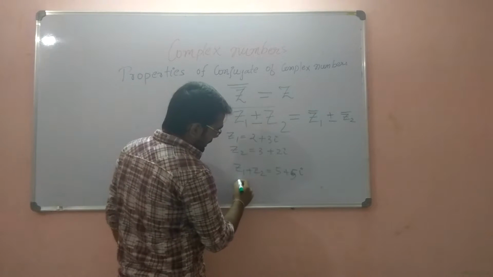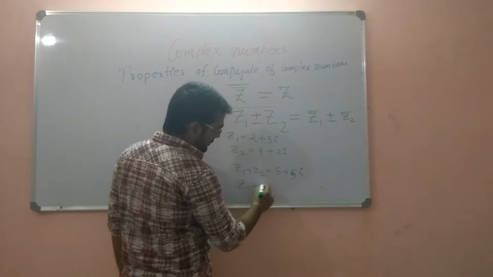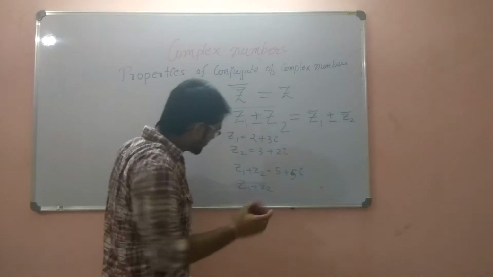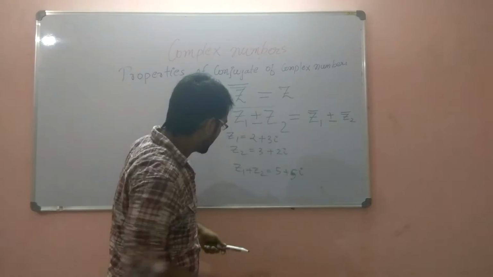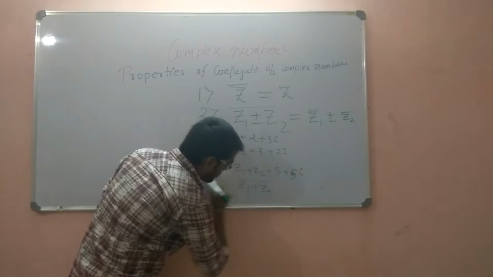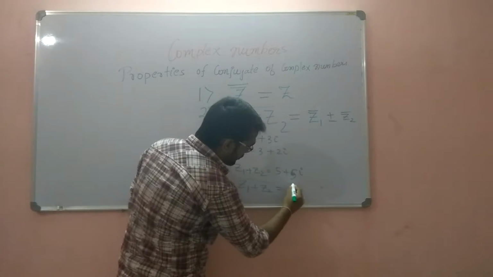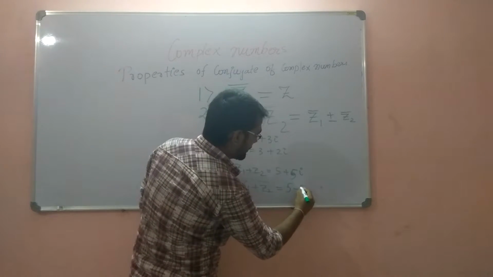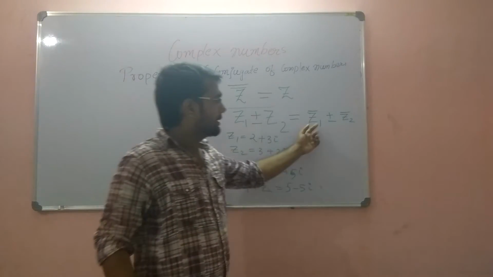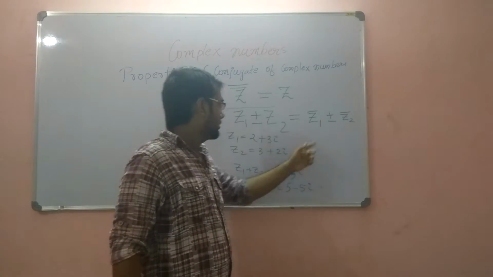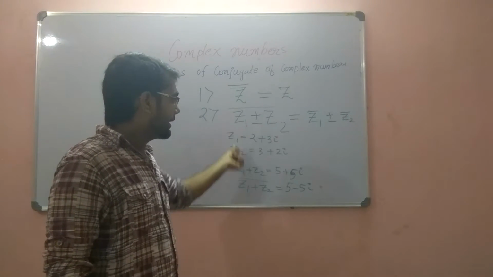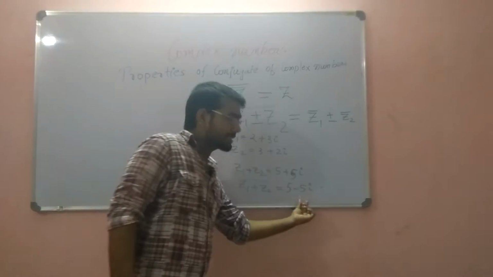Now if we take the conjugate of the addition of the two complex numbers, that is z1 plus z2 whole bar, that is going to give you 5 minus 5 iota, right? Now if we take the individual conjugates and then add, we are going to get the same result, okay?